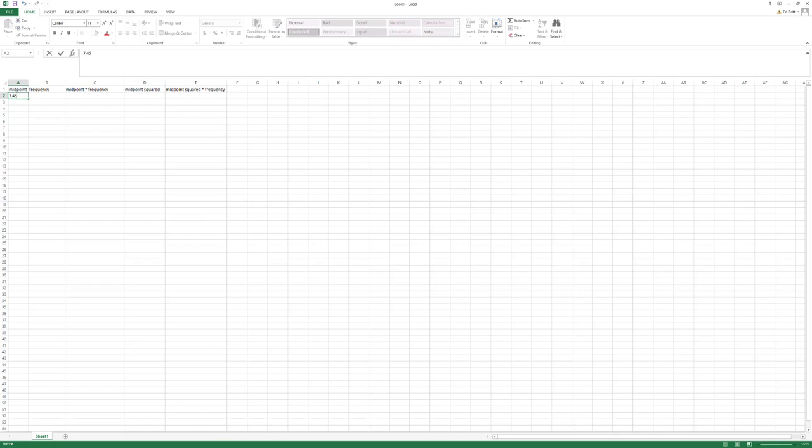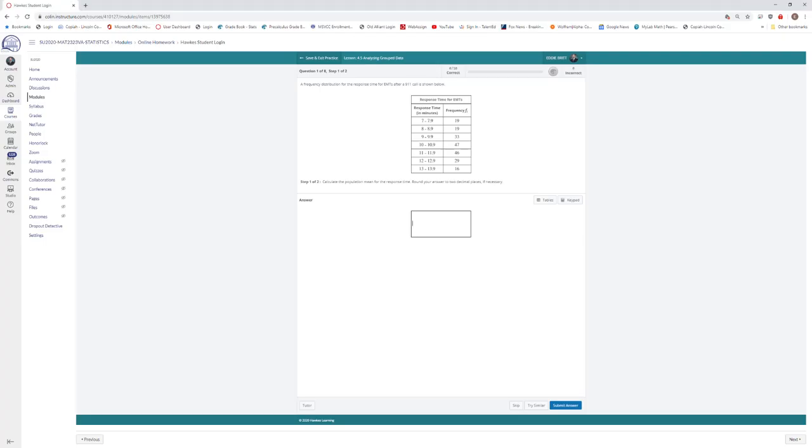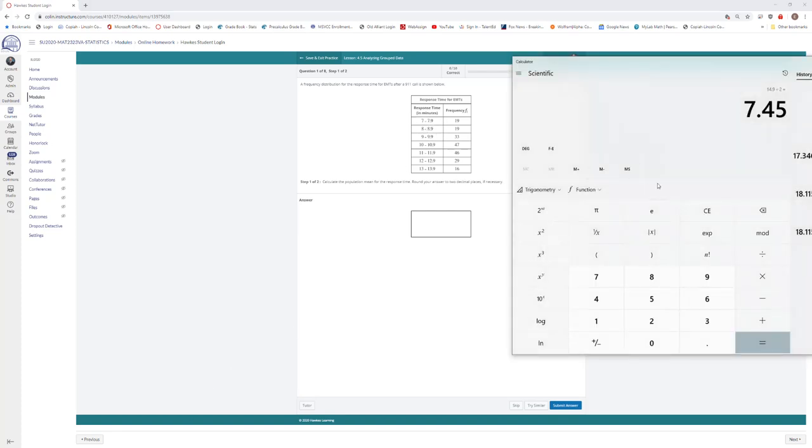I'm going to do that for each one of my classes, and you'll see a pattern appear because of the way these things are spaced out. So after a while you may not even have to put it in the calculator. So 8 plus 8.9 divided by 2, and I got 8.45.